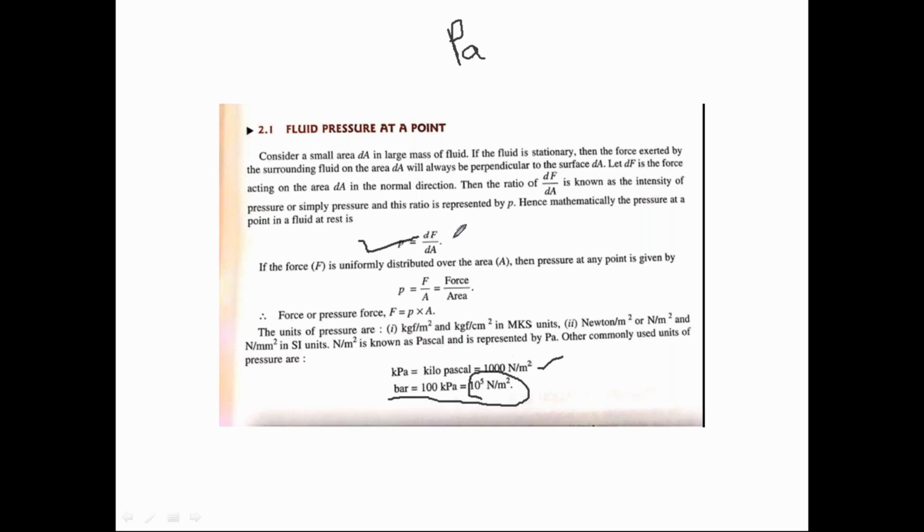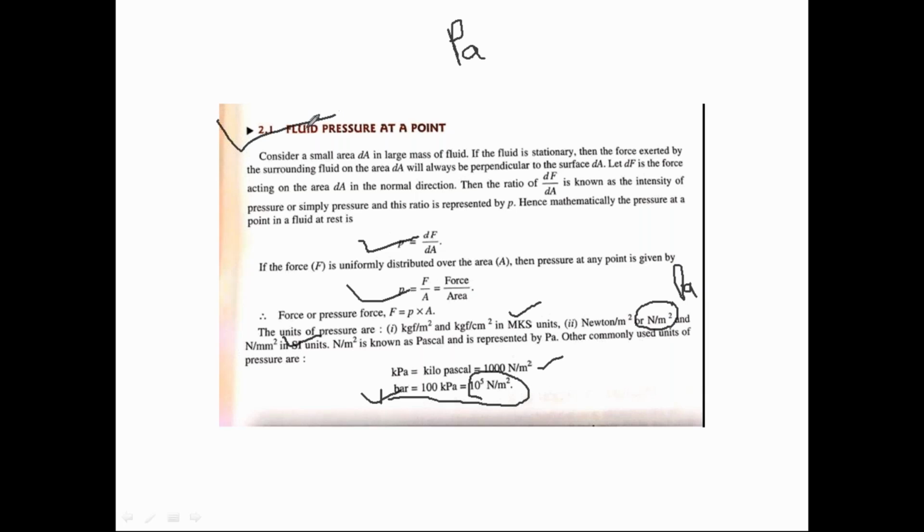This is for a small area, this is for the entire area, and these are the MKS unit and the SI unit. This term, 100 kilopascal, is known as 1 bar, and that equals 10 raised to 5 Newton per meter square. This Newton per meter square term is also known as a Pascal.